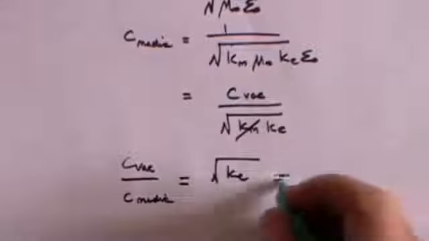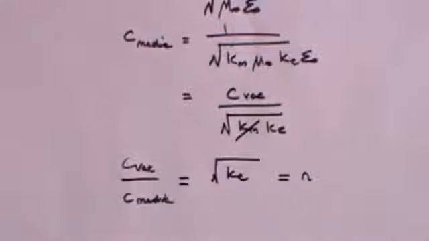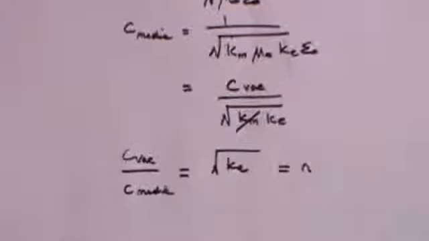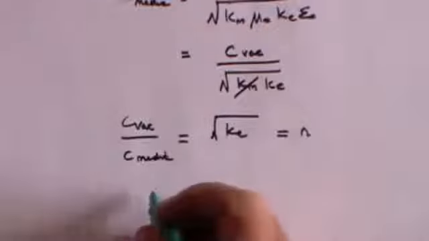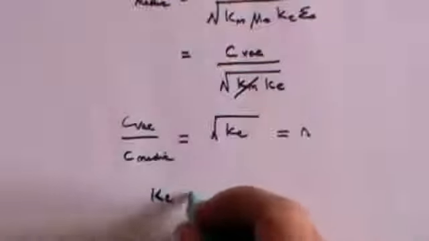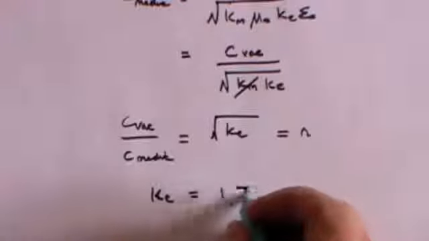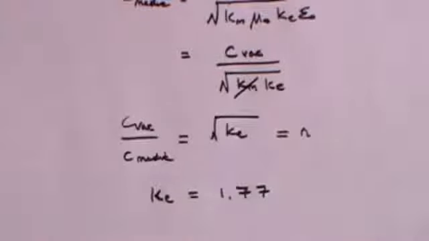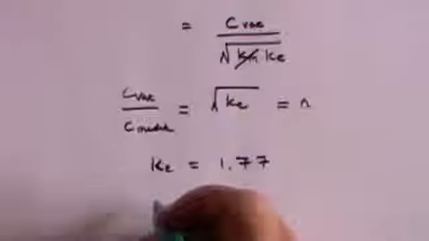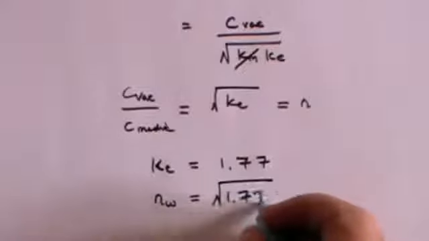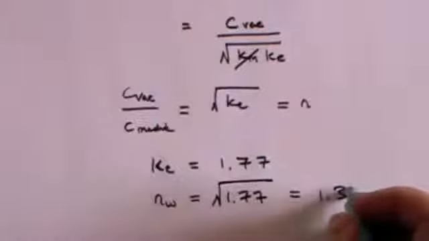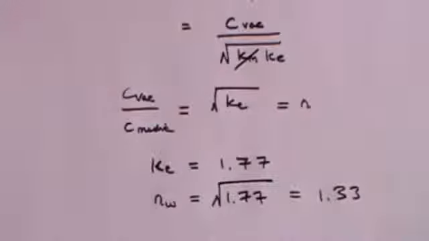And that we call the refractive index N. For water, and specifically for light travelling through water, the value of Ke is approximately 1.77. That's visible light travelling through water, which means that the refractive index for water is going to be the square root of 1.77, which is approximately 1.33.